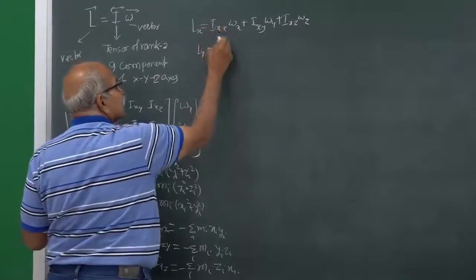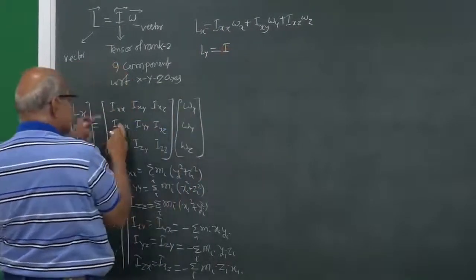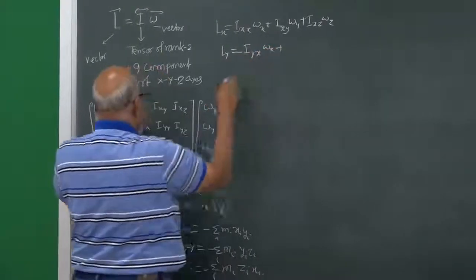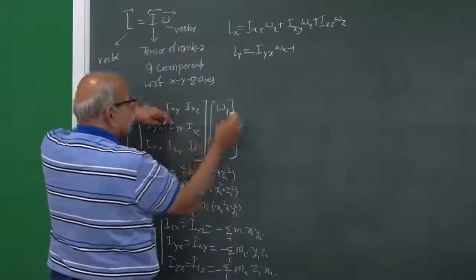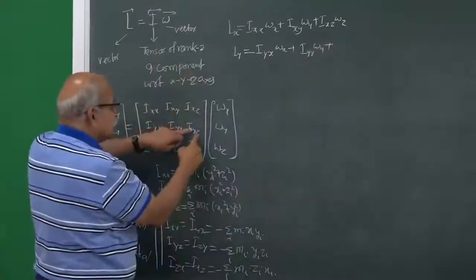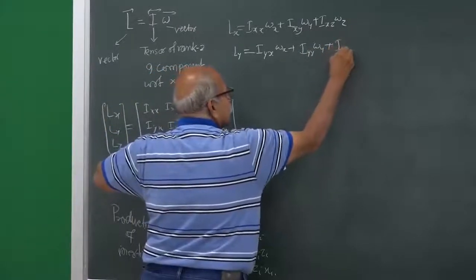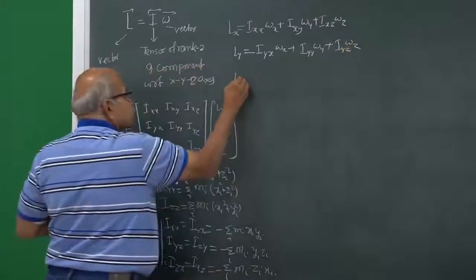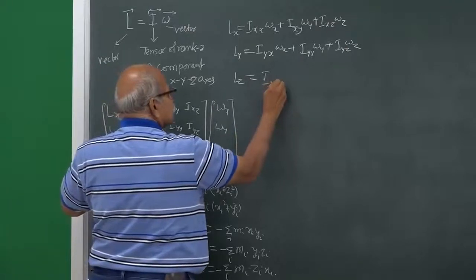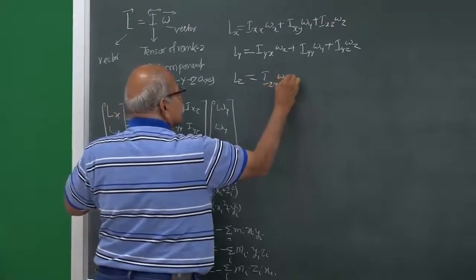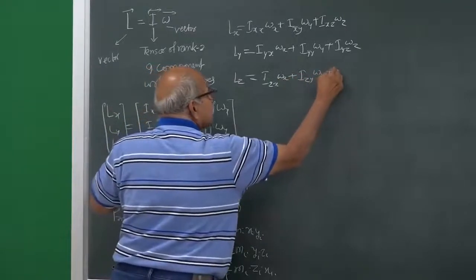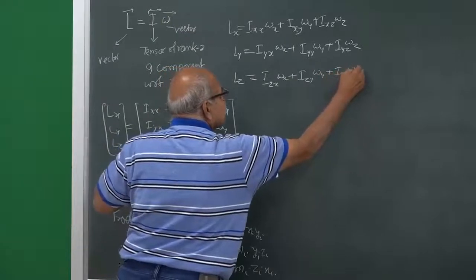Similarly, Ly will be I y x omega x plus I y y omega y plus I y z omega z, and Lz will be this row: I z x omega x plus I z y omega y plus I z z omega z.